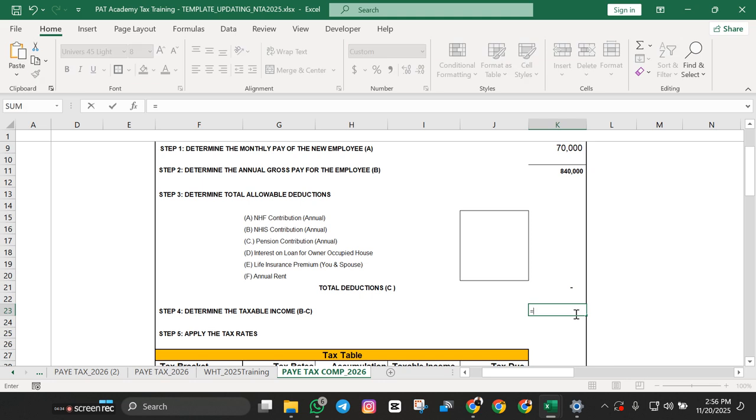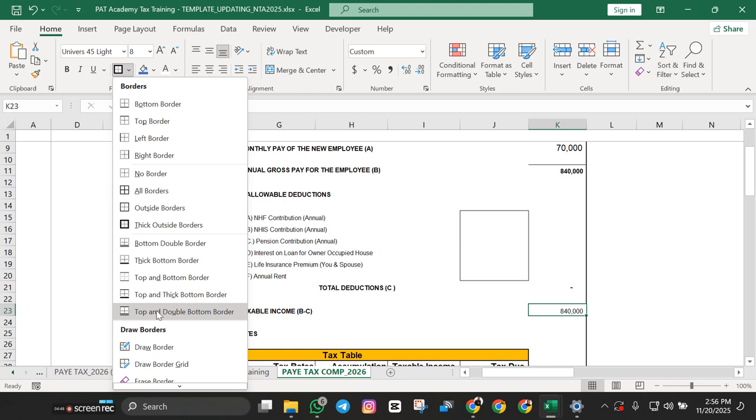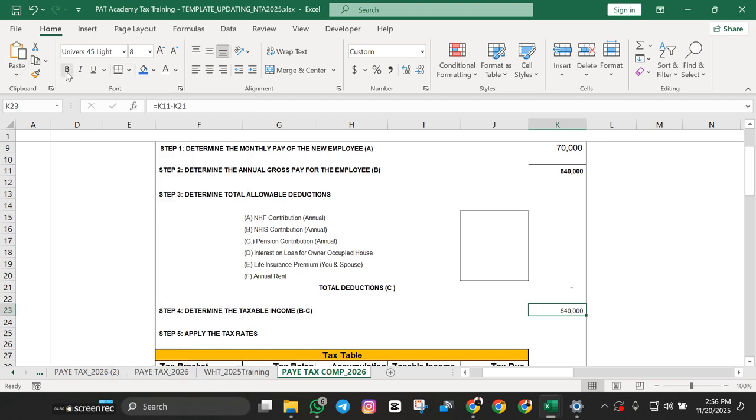How do we arrive at it? We say B minus C. B is the annual gross pay, minus C, the total deductions. Because there are no total deductions, we still arrive at the same figure, which is 840,000 naira. That is the taxable income of this particular employee.